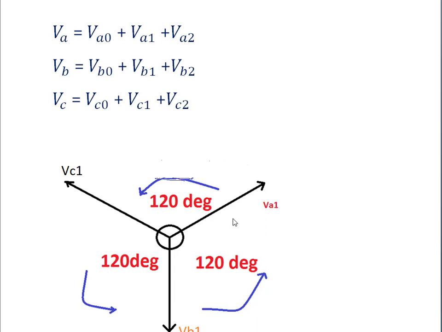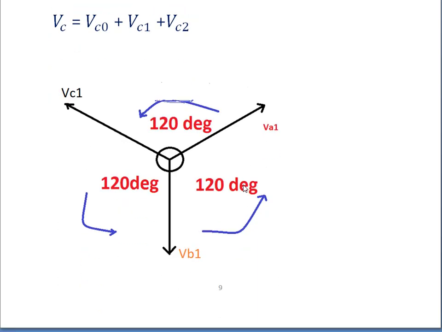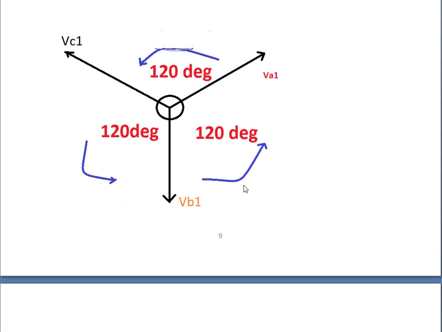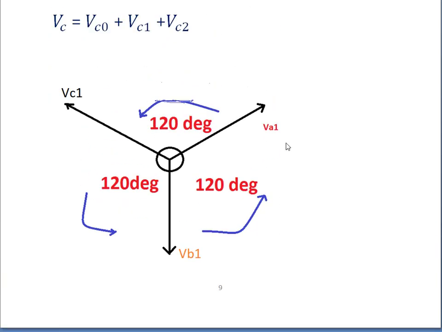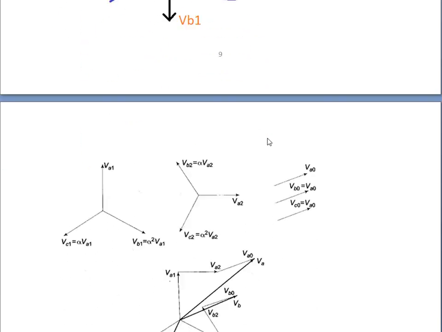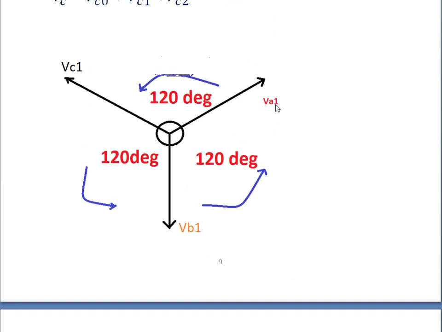As I said earlier, positive phase sequence voltages will have the same magnitude, and the phase difference between the vectors is 120 degrees, and their rotation is anti-clockwise. So that is what we are seeing here. Now we have taken VA1 as reference. Phase A reference means VA1 will become the reference here.